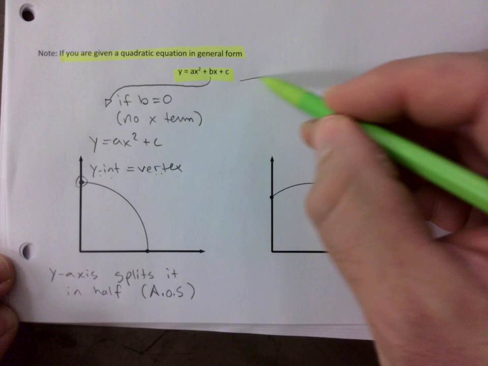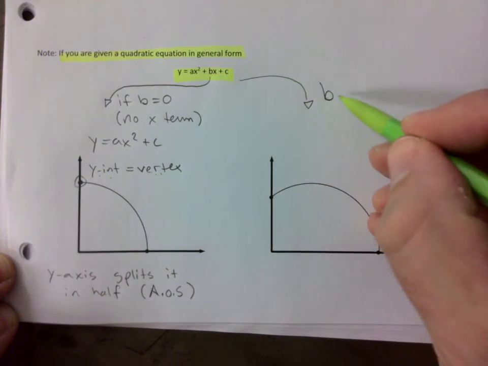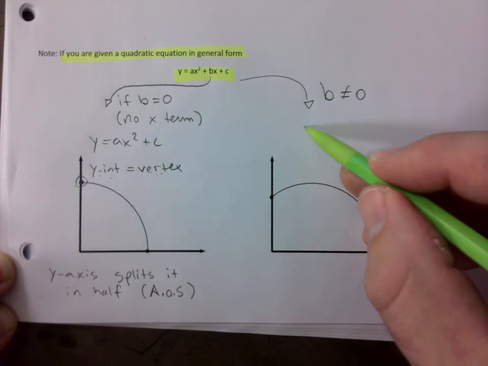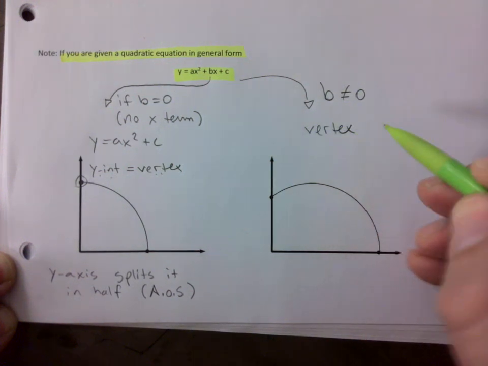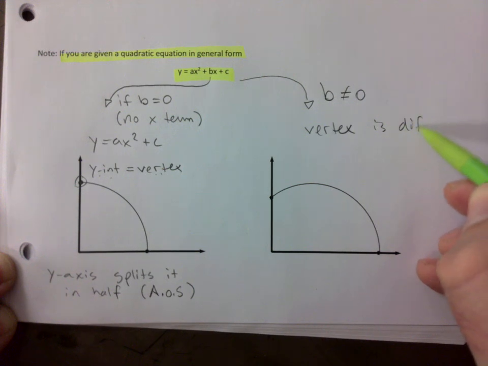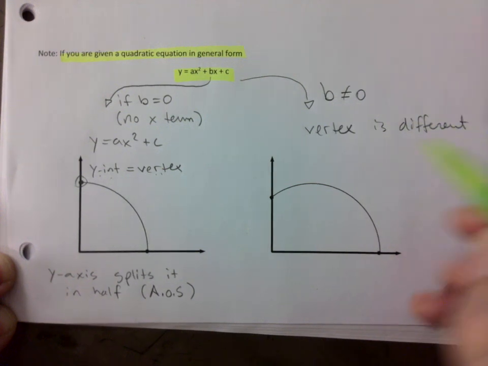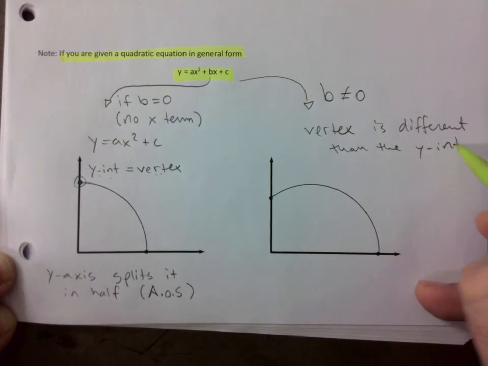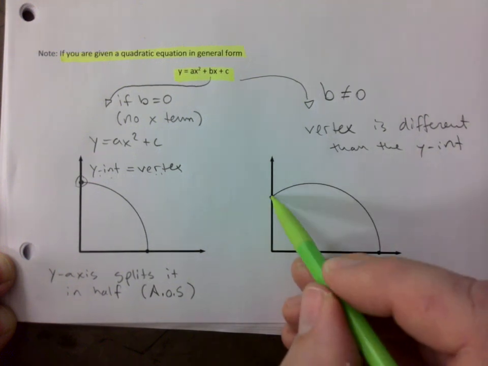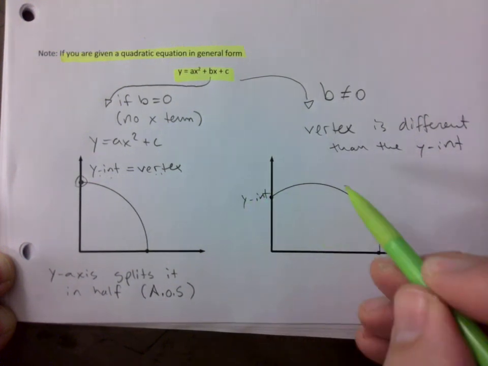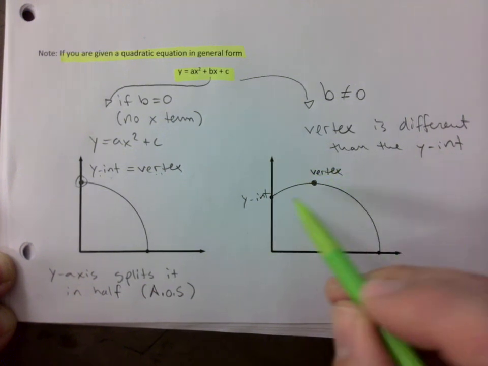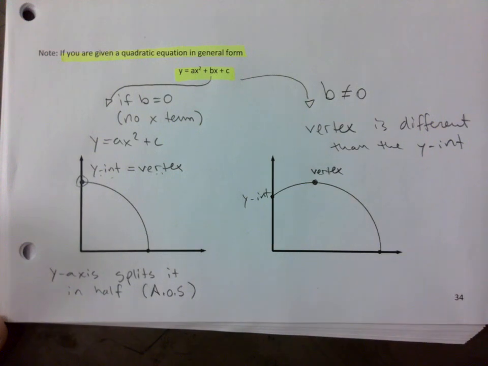On the other hand, if b is not equal to 0, okay, so then the vertex is different than the y-intercept. So you have your y-intercept here, and your vertex is going to be somewhere off to the side. It comes over here. Okay.